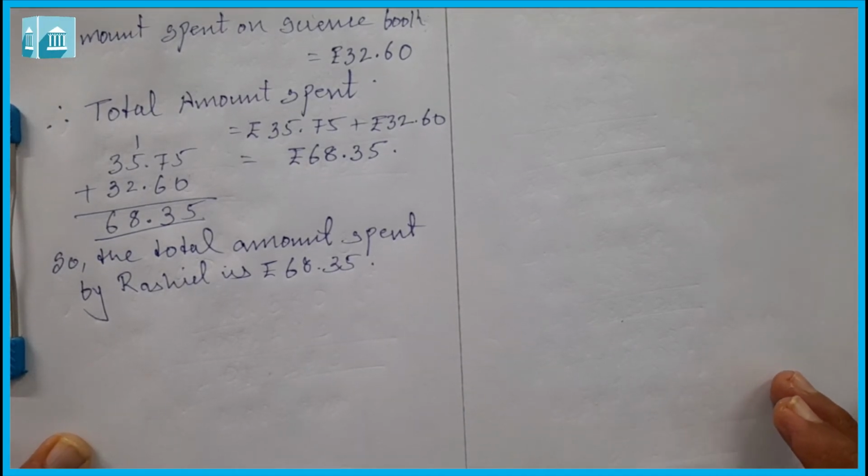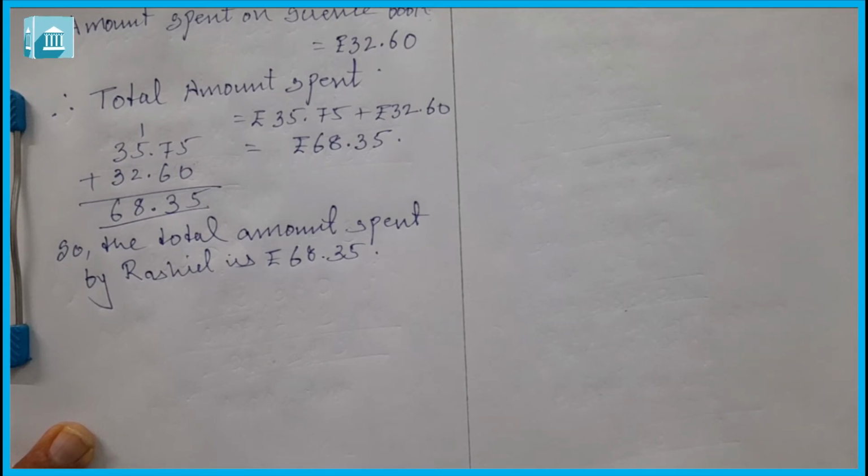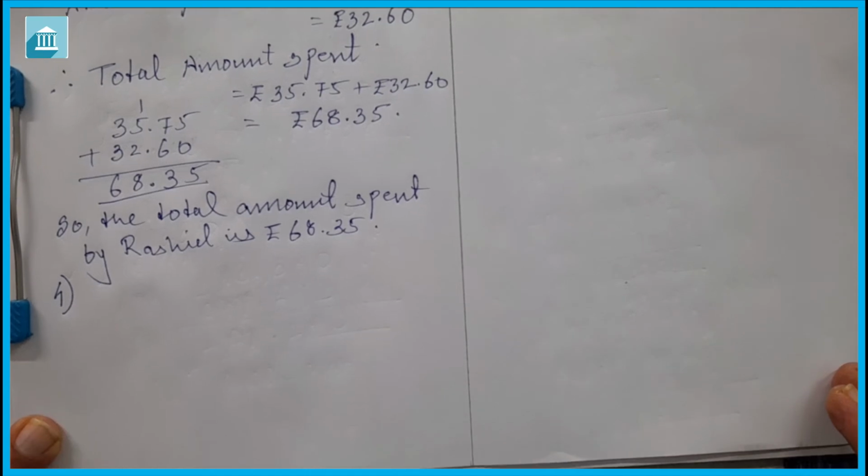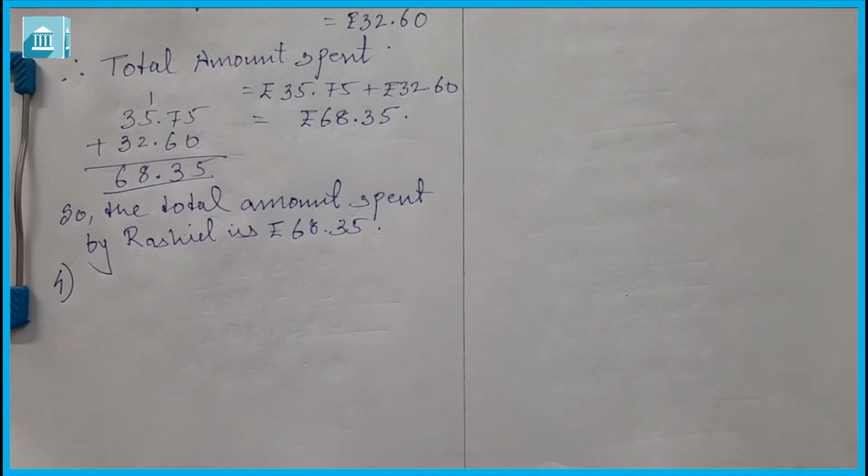Now let us see question number 4. Question number 4 is: Nasreen brought 3 meter 20 centimeter cloth for her shirt and 2 meter 5 centimeter cloth for her trouser. Find the total length of cloth bought by her.